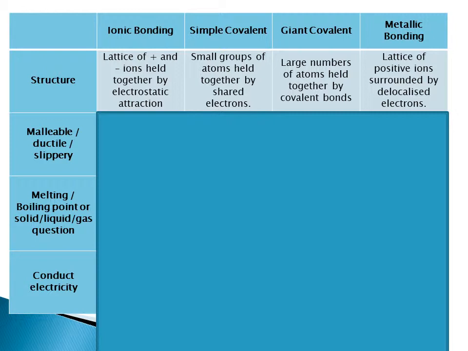The shared word is often a mark on its own. If you got shared electrons in a question about covalent molecules, you're going the right way. Giant covalent is basically the same, except it's large numbers of atoms. Now I've put covalent bonds here, but we could have said held together by shared electrons, because that's what a covalent bond is. And finally, metallic bonds are lattices again, but this time just positive ions surrounded by delocalized electrons. Okay, so far so good.